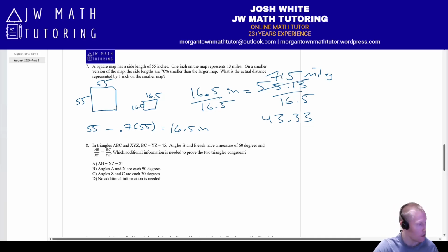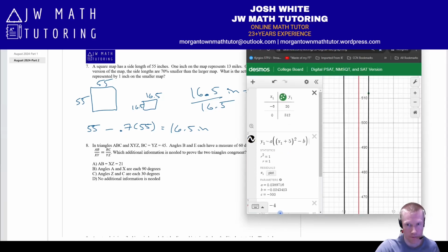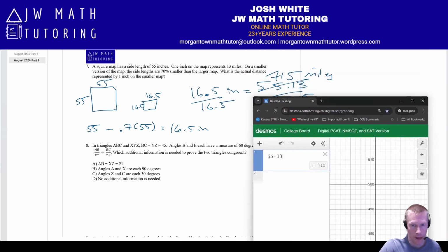43.3 repeating. Let me just double check these calculations in Desmos. So we've got, first of all, 55 times 13, okay, 715 total miles. And then we're just going to divide that by the 16.5 inches, which is the side length on the small map.